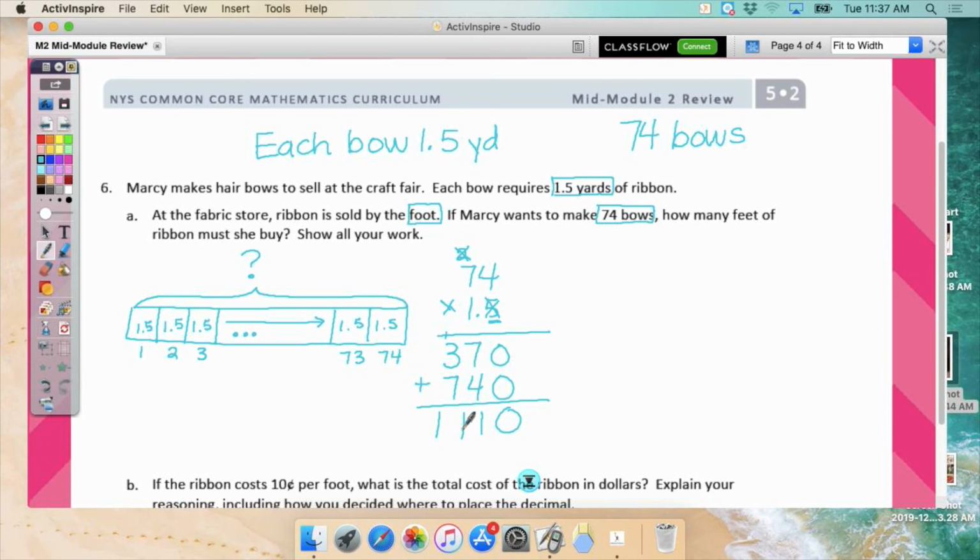Okay, did you get 1,110? Yeah. But I'm going to do what? Right. So this is how many yards I need. I mean feet. Feet, yeah. Don't say yards. That's going to be huge hair bows, isn't it?